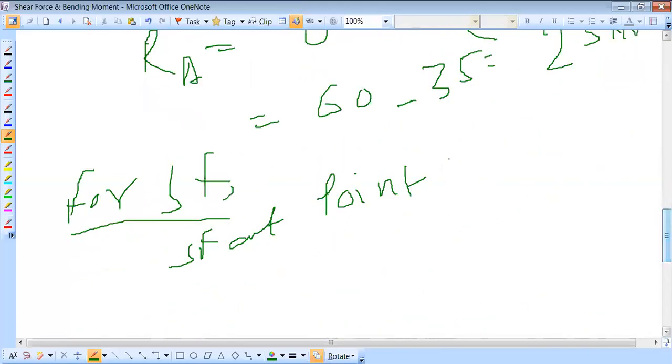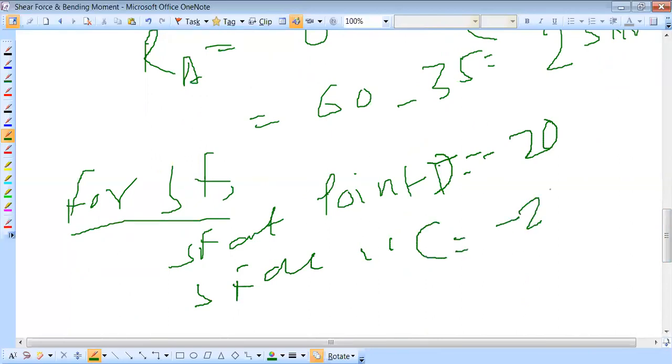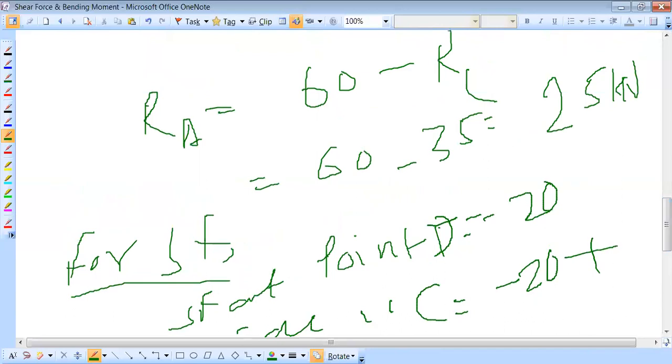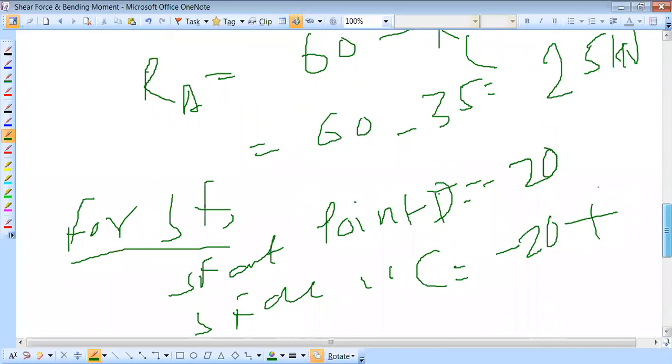SF at D is in the downward direction, so minus 20. Then SF at C is equal to how much? Minus 20 plus reaction RC, which is plus 20. RC we already found out to be 35.